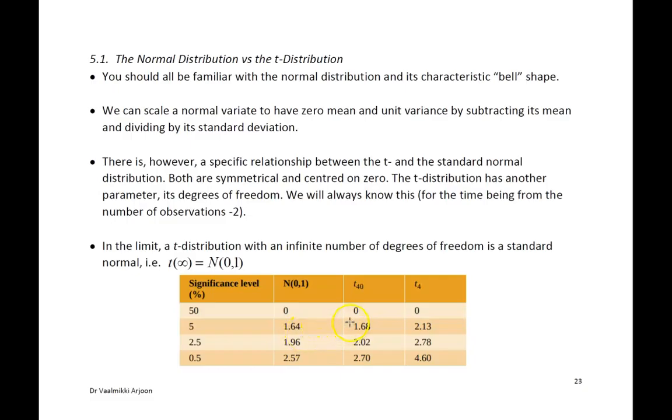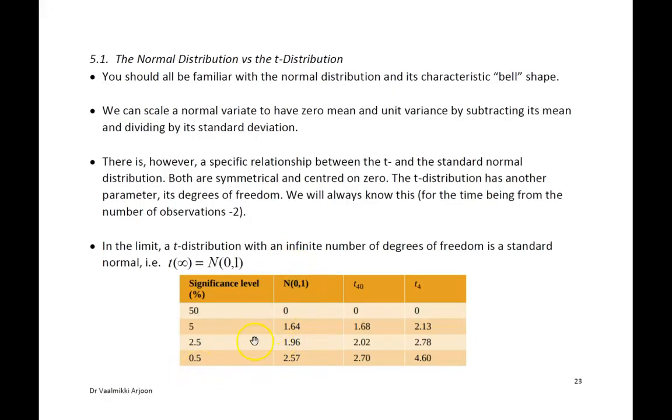For the t distribution with 40 degrees of freedom, it is 1.68, and with 4 degrees of freedom, it is 2.13. Sorry, this is not the number of observations, but degrees of freedom. The 2.5% level is 1.96, and the 0.5% level is 2.57.